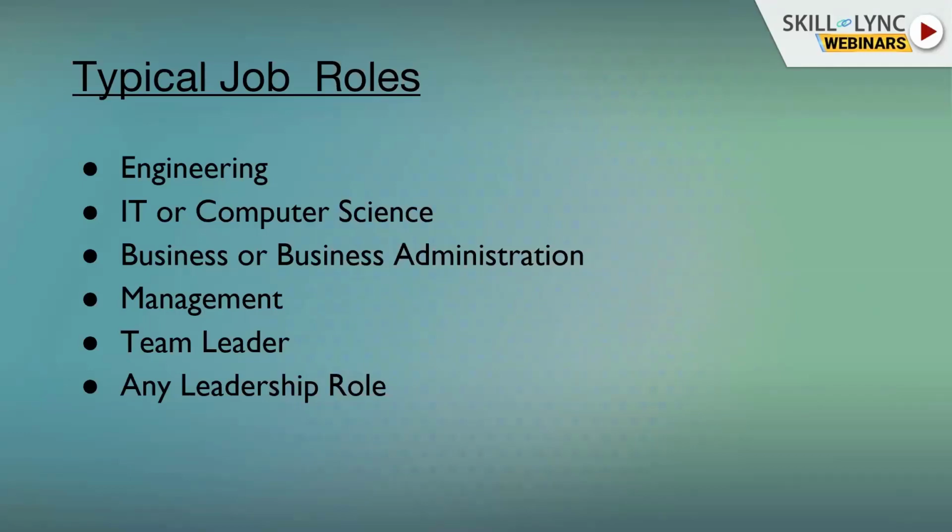The other thing is any leadership role. Any leadership role means project management is equally important. Why? Because of the leader. Who is a leader? A leader is a person who leads you, who guides you, who helps you understand that this is the way, who shows you the path. The person doing a leadership role, acting as a leader, helps you to analyze and manage resource, cost, and quality.